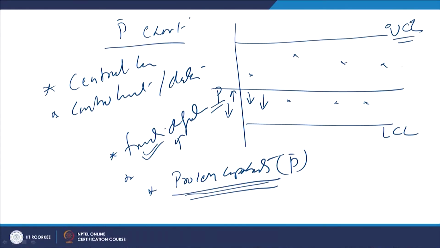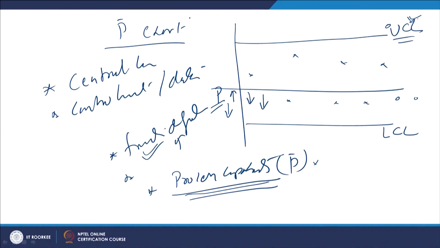But the moment the points start falling beyond the control limits, it will suggest that the same process, which was doing well and producing fewer NC items, has started to go wrong. That suggests that there is some problem of the manpower.